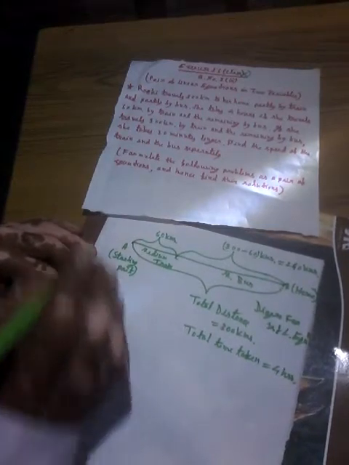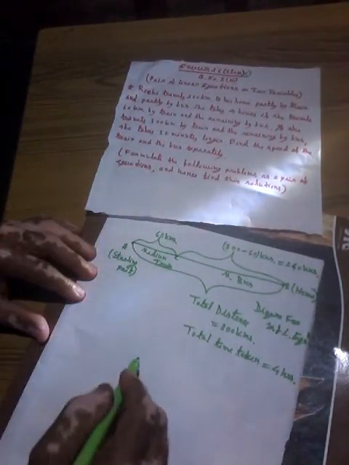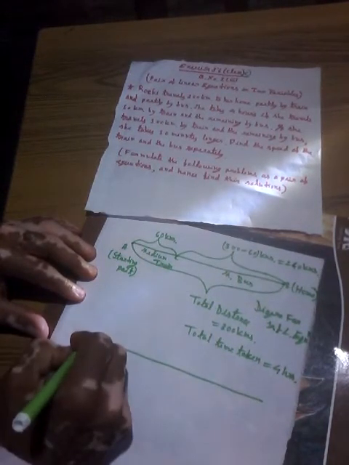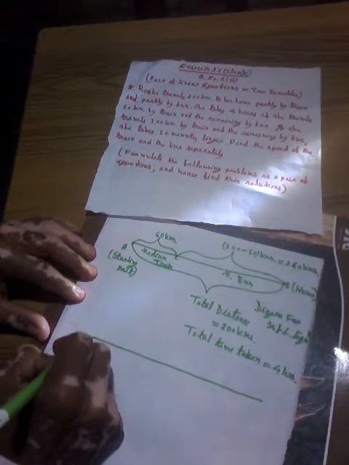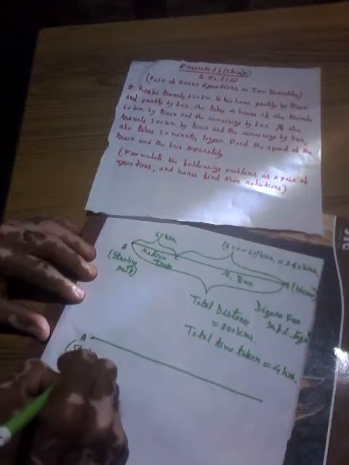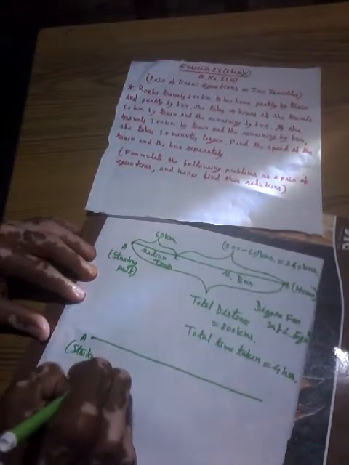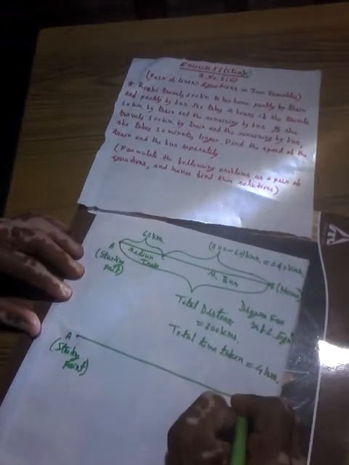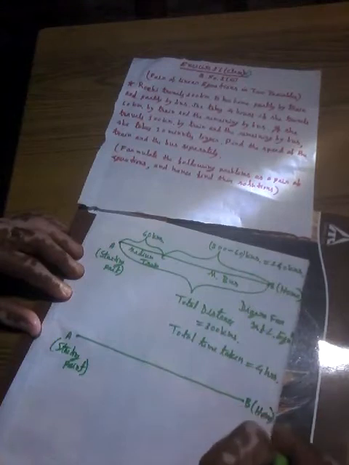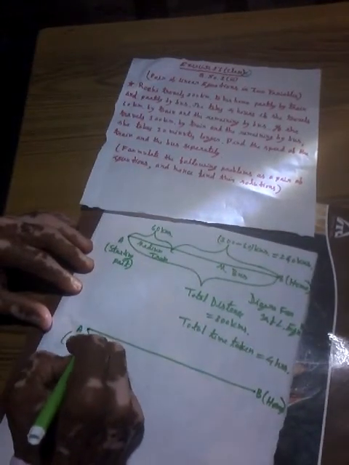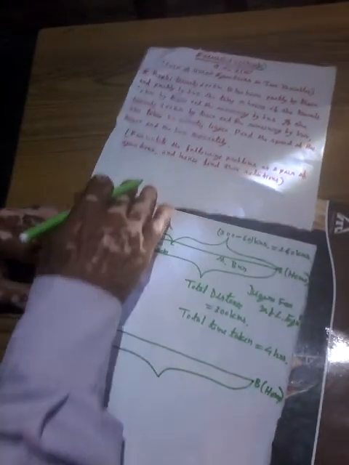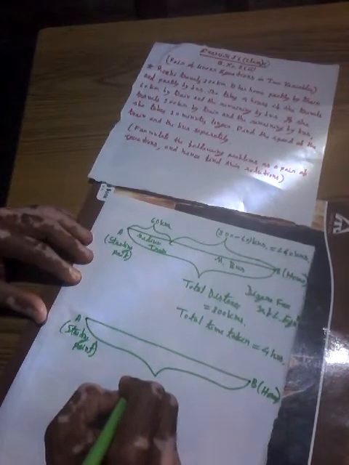Now let us try the second part of the question. In the same way, A will be the starting point, and B will be Rochi's home, and the total time will be, according to the question, the same one.